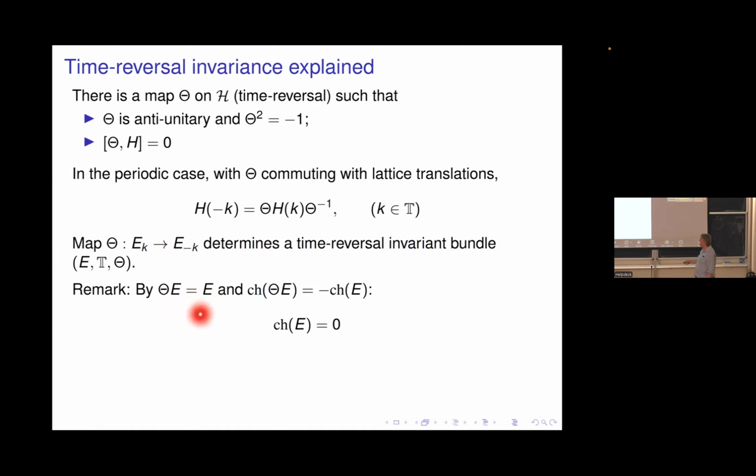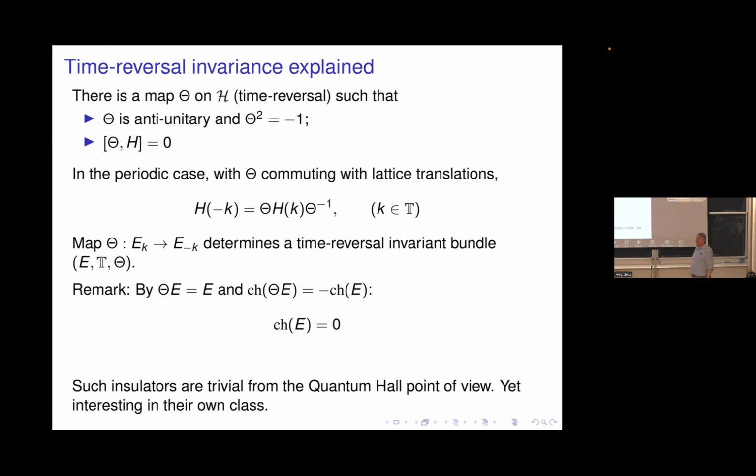But in general, when theta is an antilinear map like this, the Chern number of that bundle is the opposite of the Chern number of its image. So if theta maps the bundle to itself, the Chern number is equal to its opposite, and therefore zero. So these time reversal invariant bundles are trivial from the quantum Hall perspective, but they are interesting in their own right.